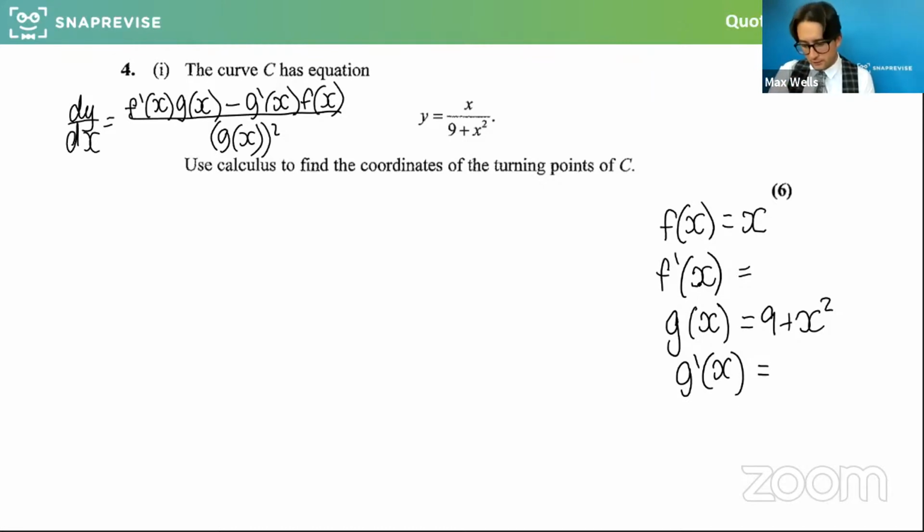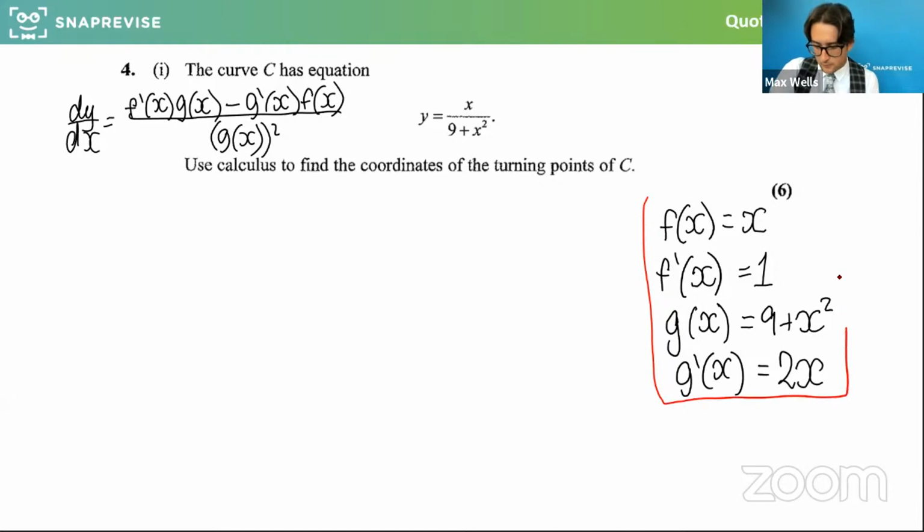So f dash of x, what would that be equal to? This one here, what would we get? Differentiate x, we get 1, and differentiate 9 plus x squared, lovely, is 2x. Thanks, guys.